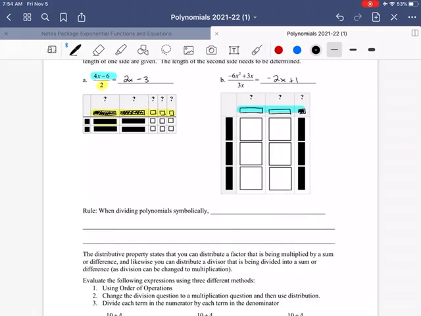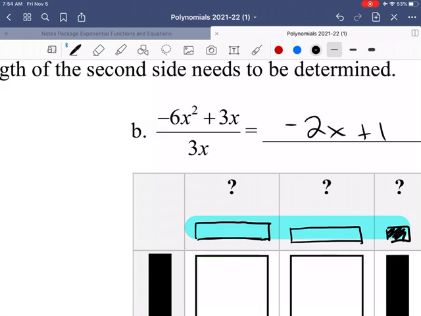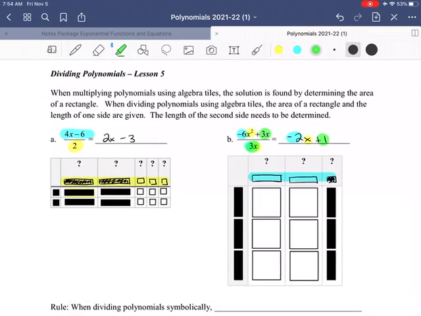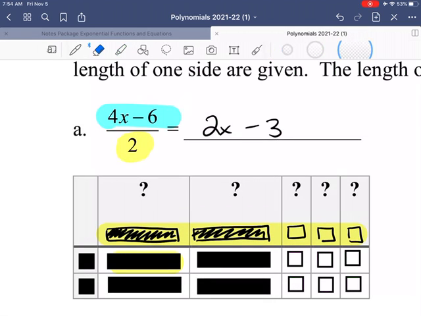So maybe you notice something, that negative 6 divided by 3 gives you negative 2, and x squared divided by x gives you x, and then 3x divided by 3x gives you the 1. And on the first one, 4x divided by 2 would give me 2x, and negative 6 divided by 2 would give me negative 3.